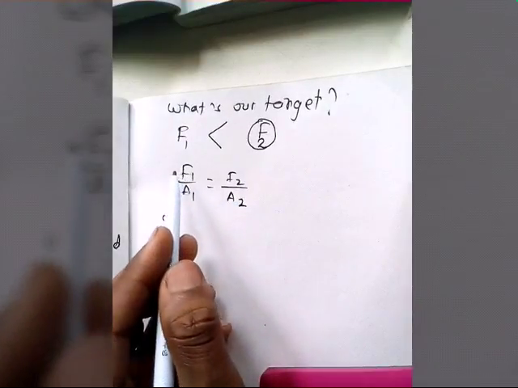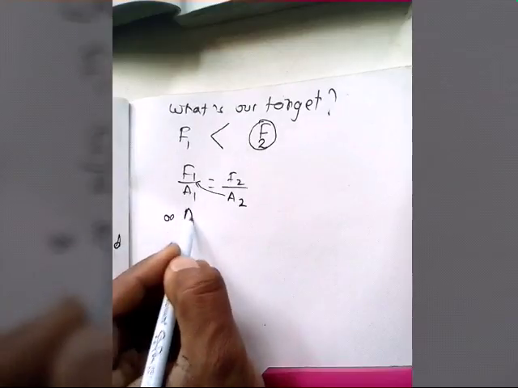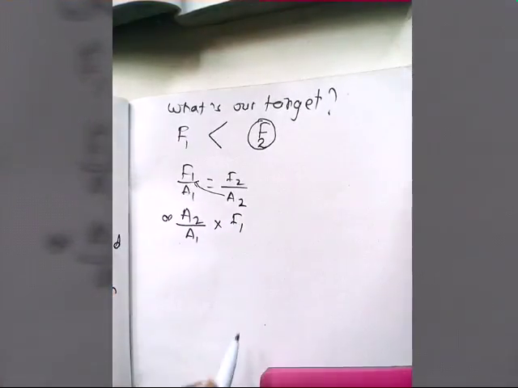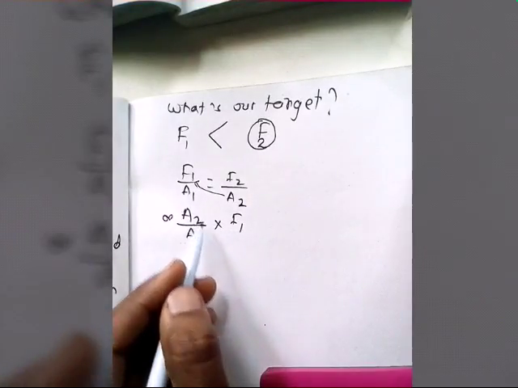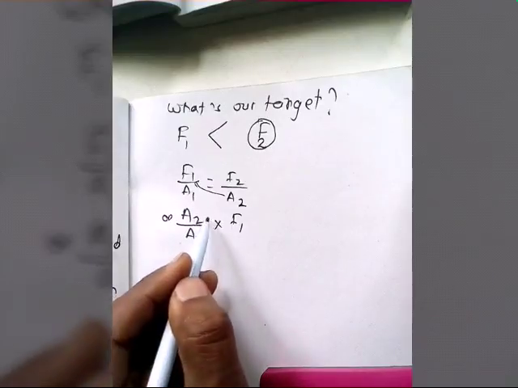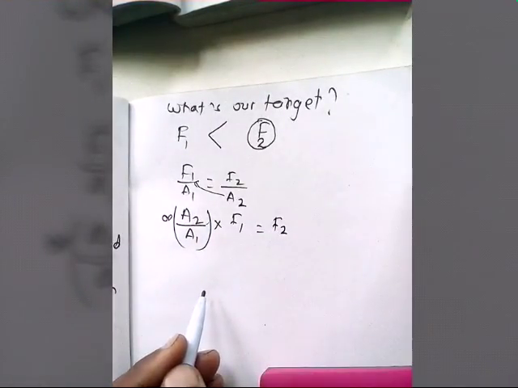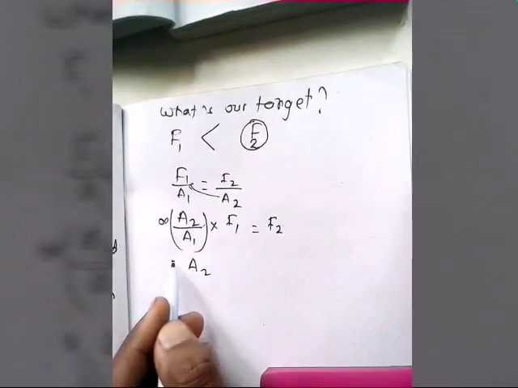A2 goes to the other side, so it becomes multiplied. I'll write A2 divided by A1 into F1. I have just rearranged them; you can also write them multiplied together, but I have kept them separate. This equals F2.